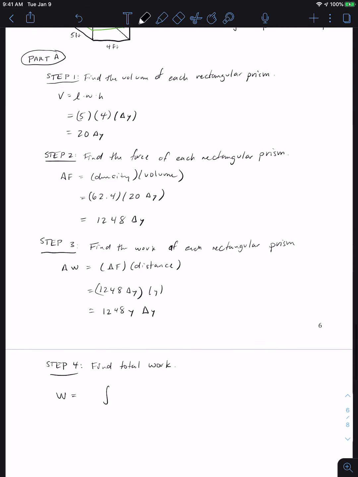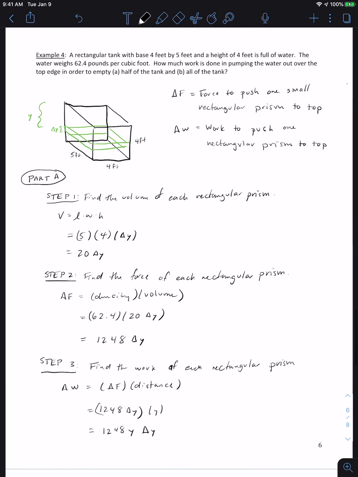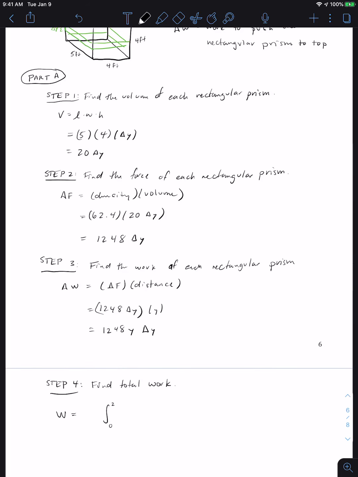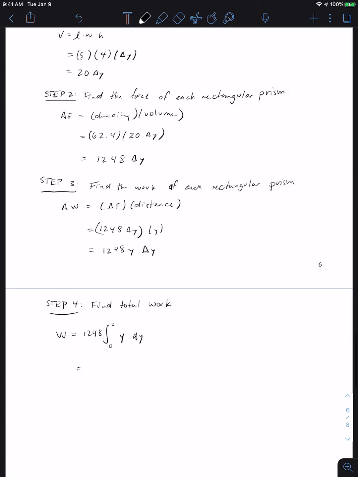That's the water here. So from 0 to 2 would give us half the tank out of the top, right? So now we get 1248 y, and then that delta y changes to dy, and we integrate. So I get 624 y squared evaluated from 0 to 2, which gives me 2496. This time my unit is foot-pounds because I'm dealing with US units, right?